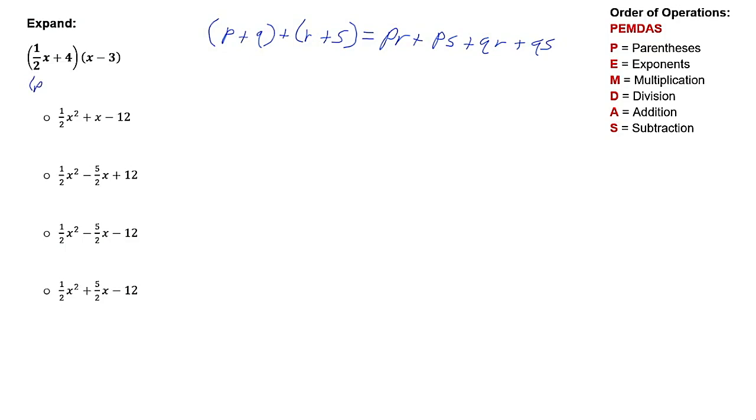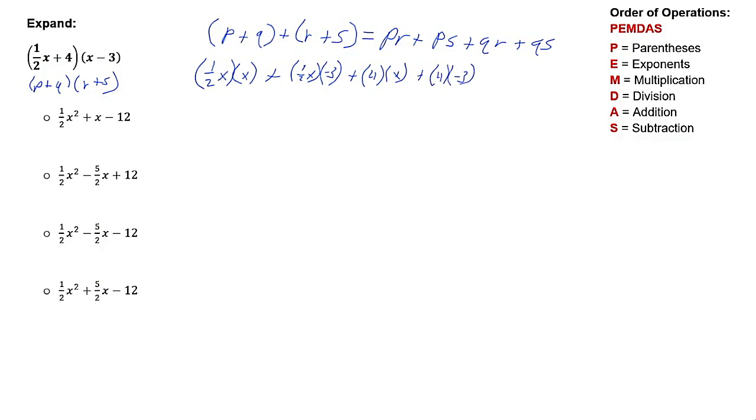If this is our p, that's our q, that's our r, that's our s, then it'll look something like this. 1/2 x times x plus 1/2 x times -3 plus 4 times x plus 4 times -3.